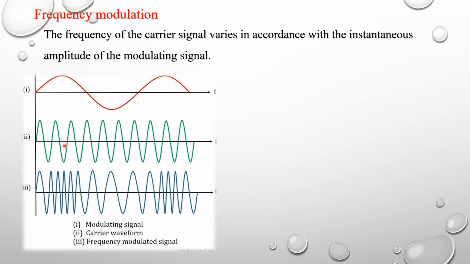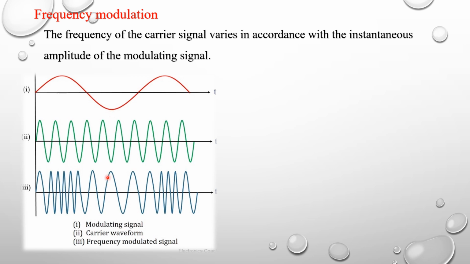The carrier frequency varies with respect to the amplitude of the modulating signal. In the 0 to pi interval the modulating signal is positive, and at the positive peak we get the maximum frequency. From pi to 2 pi, the modulating signal is negative in amplitude.